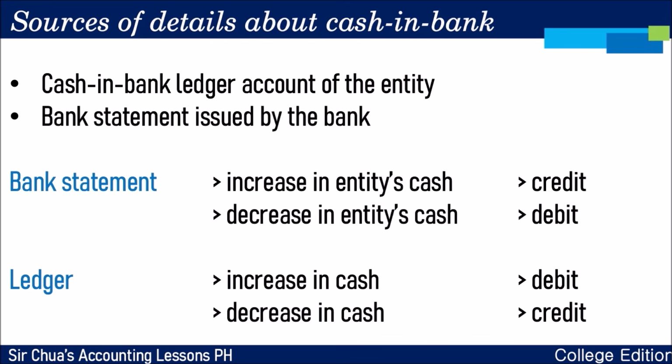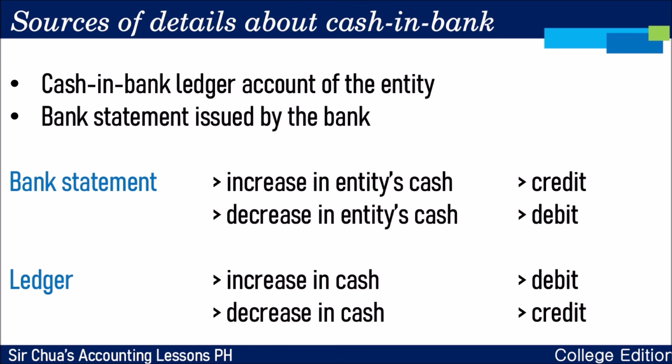Now, let's not get confused with the rules of debit and credit applied in a bank and applied in the entity's ledger. Remember, in the bank statement, an increase in the entity's cash in their bank account is on the credit side. So it's the opposite. And a decrease in the entity's cash is on the debit side.